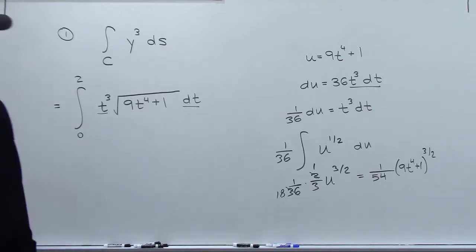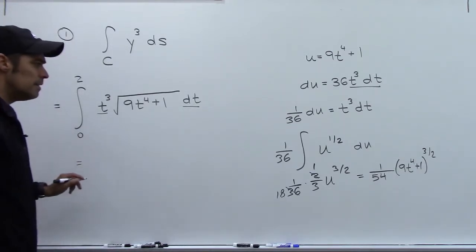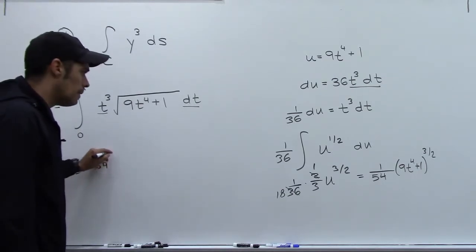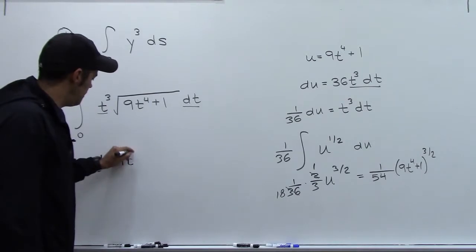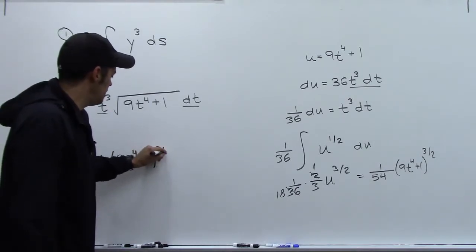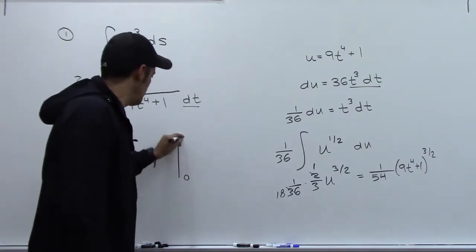Okay, now I'm going to come back over here and say, all right, this is equal to 1/54 times 9t to the 4th plus 1 to the 3/2, evaluated from 0 to 2 here.